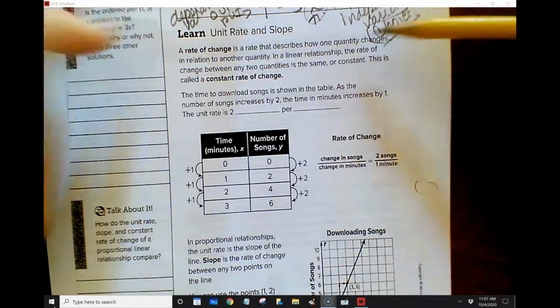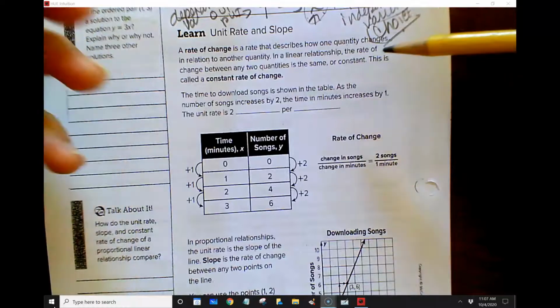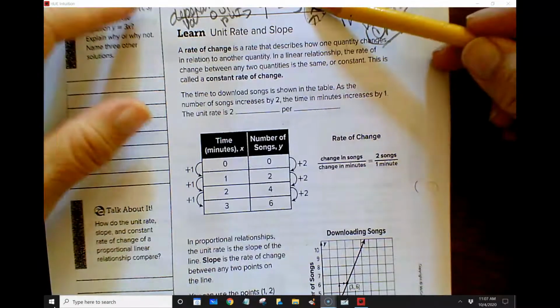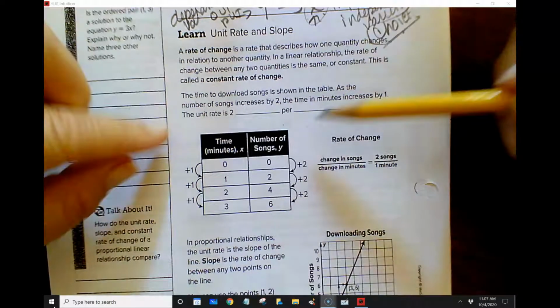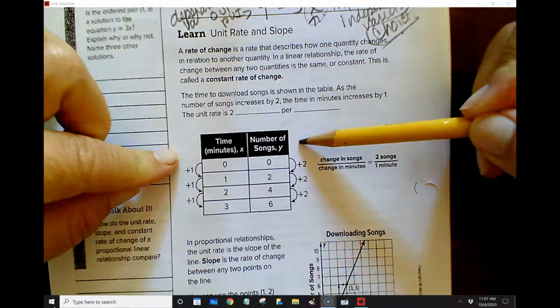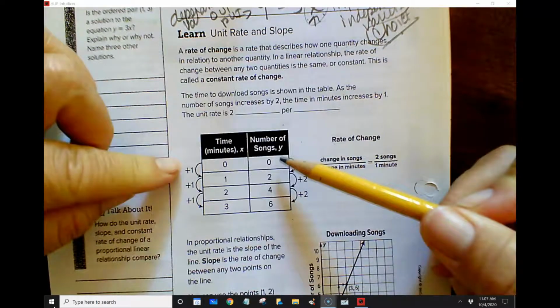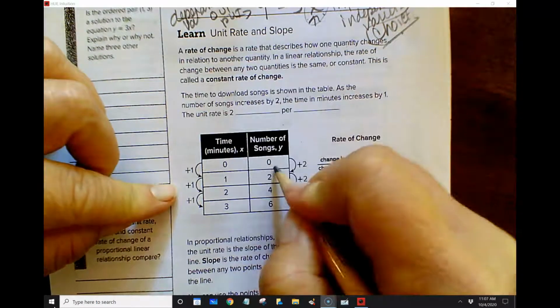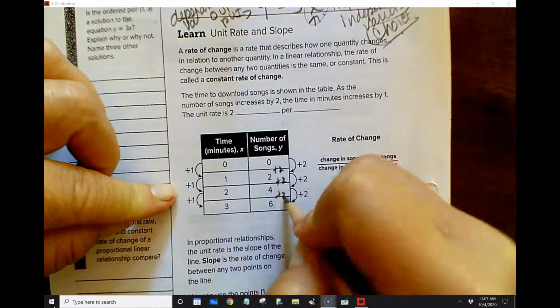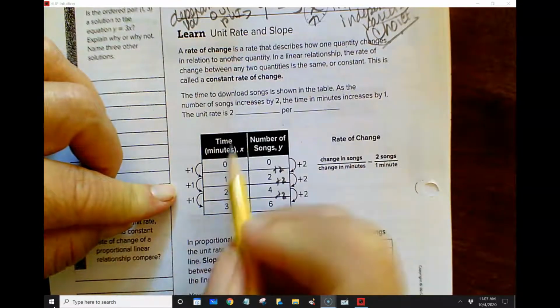So since we're describing how they change, what the relationship is, if it's constant, you'll see it's a constant rate of change. So take a look at this particular example right here. If I'm looking at this pattern here, we're going up 2 each time for our y. Time in minutes, we went up 1.